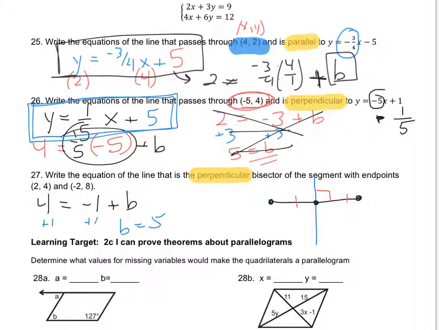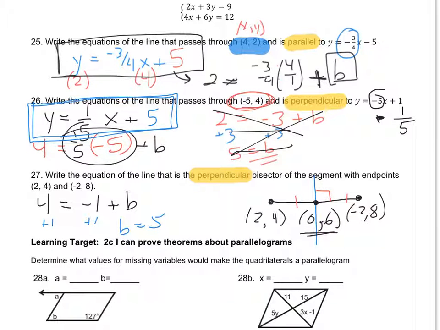So there's a couple of things I need to do. I will first label the ends with the points I know. And then this center point is becoming more and more important. That's actually the midpoint of the segment. So before I can do anything, I have to find the coordinates of this midpoint. And again, that's where you average the x's and average the y's. It looks like that'll be 0, 6.